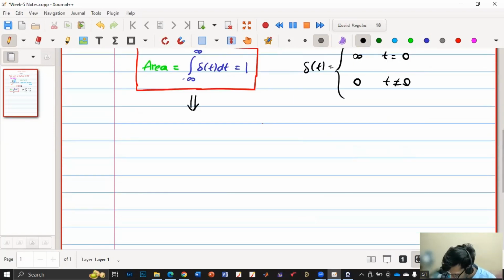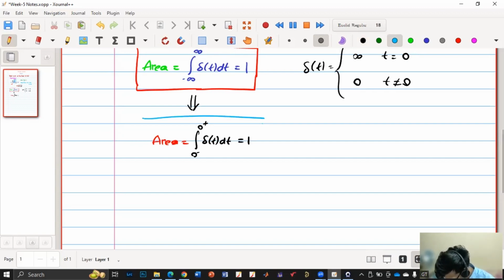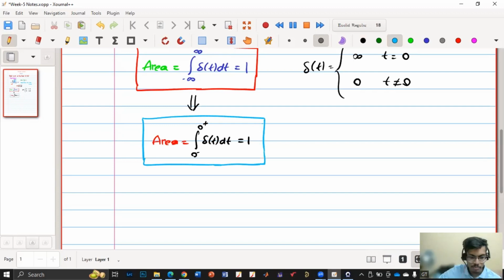So now I can also reframe this expression as area is equal to integral 0 minus to 0 plus delta of t, because the width is very small. It is just greater than 0 and just less than 0. It is symmetric. So integral 0 minus to 0 plus delta of t dt is equal to 1. So it can also be written like this. Now, this is just some basic information about the impulse function.